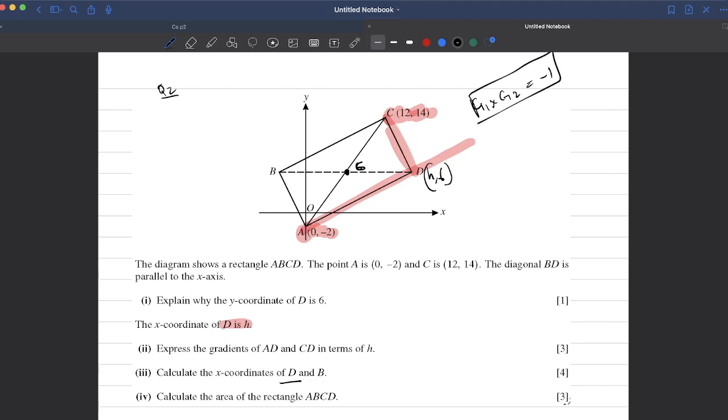For perpendicular lines, the gradient of this curve and the gradient of this curve, when you multiply them, have to be -1.